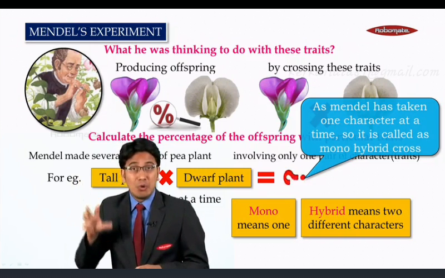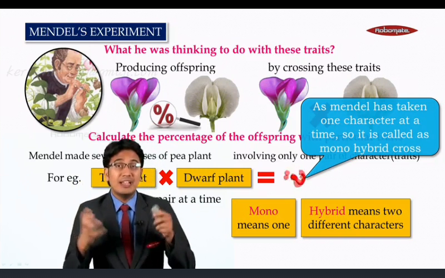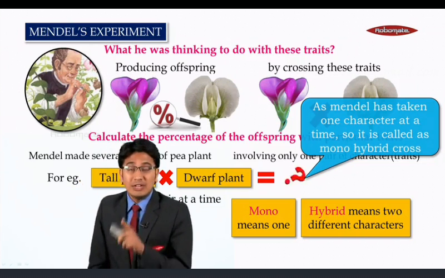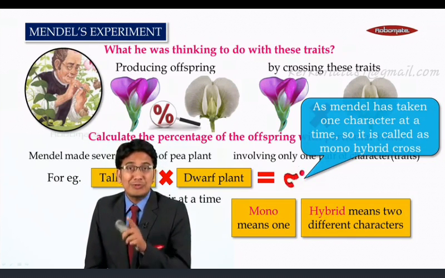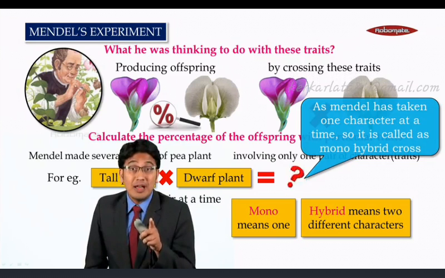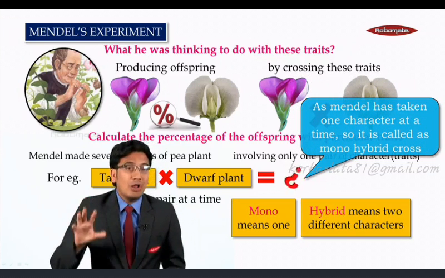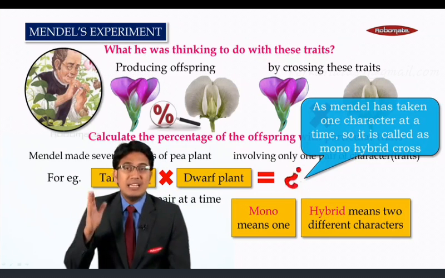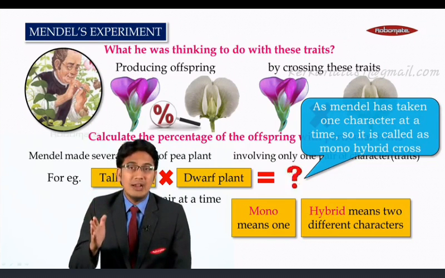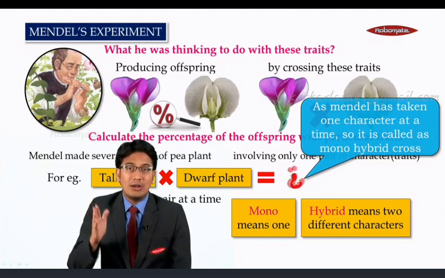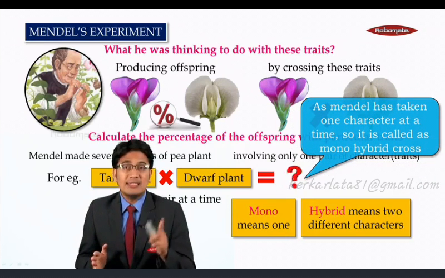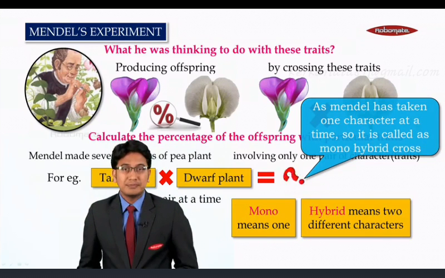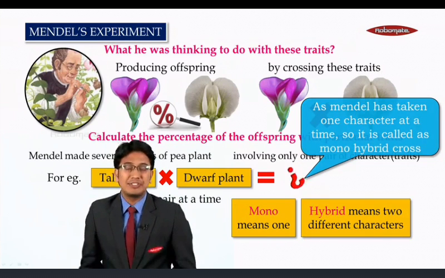So they are mono, but the result we will get is definitely going to be a hybrid, because it's not a tall plant crossed with a tall plant or a dwarf plant crossed with a dwarf plant. It's a tall plant crossed with a dwarf plant. The result will be a hybrid, but each plant has one character, which is tall, and the other plant has a character called dwarf. So this is called a monohybrid cross.